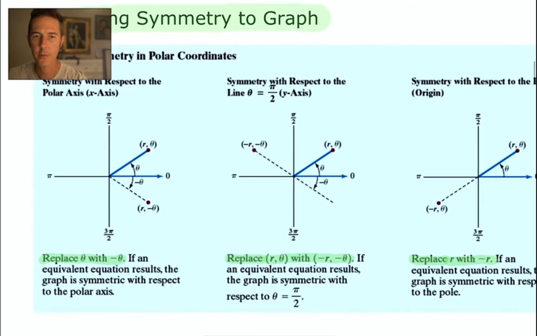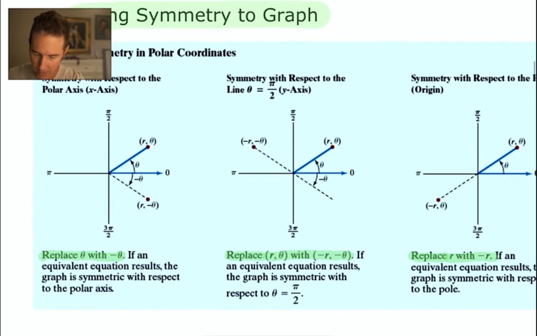Okay, so that's how it's phrased in print there. Now, the second test is to see if we have symmetry with respect to the line theta equals pi over 2. In other words, symmetry about the y-axis. And we can test to see if that is the case. I don't love this diagram, actually. It sort of works. I don't love that this dashed line is here.